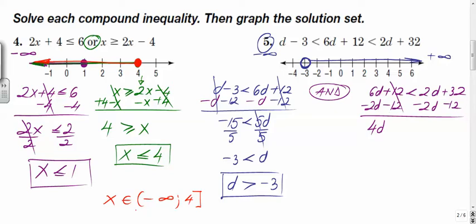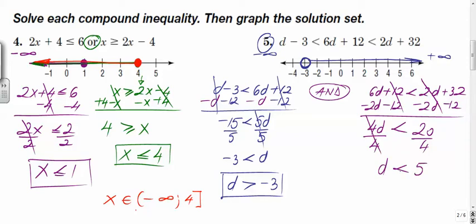I don't know, TV set, I know 3d, but 4d maybe the future, right? Holographic one. Less than 2d minus 2d, 0. 32 minus 12 will be 20. Okay, last step here, divide by 4. I need to find d. d should be less than 5.